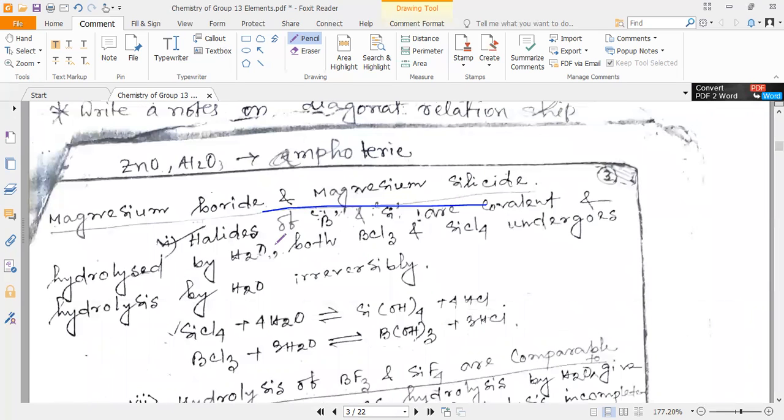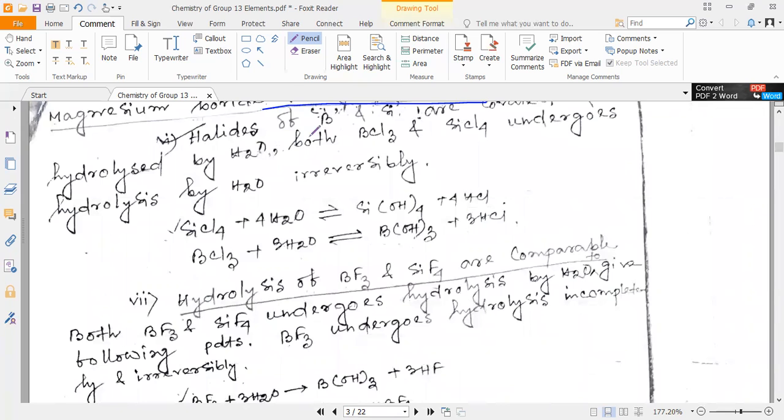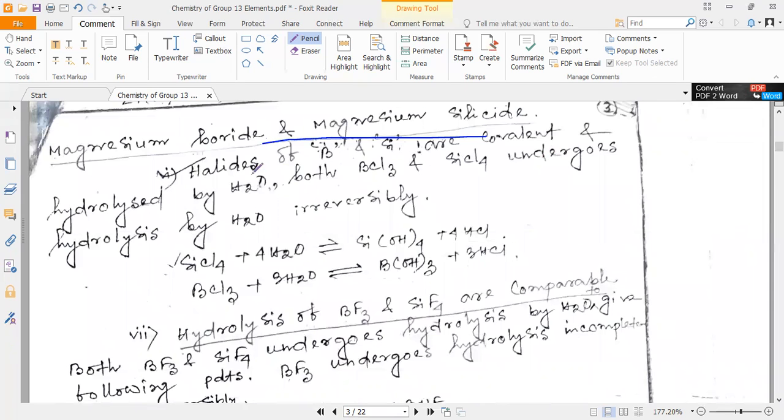The next important point is that the hydrides of boron and silicon are covalent and are hydrolyzed by water, and both boron trichloride and silicon tetrachloride undergo hydrolysis by water irreversibly. When silicon tetrachloride reacts with 4 equivalents of water, it forms Si(OH)4, silicon tetrahydroxide, and HCl.